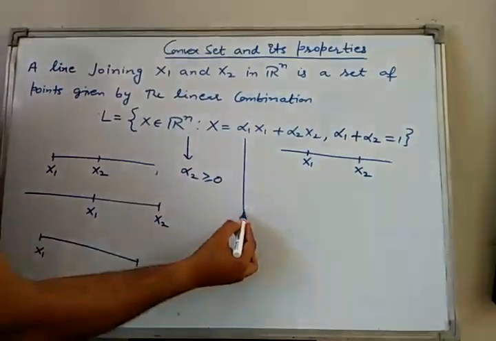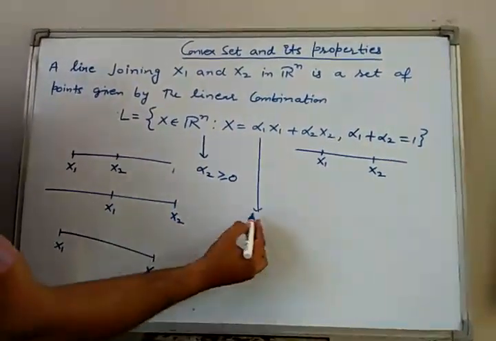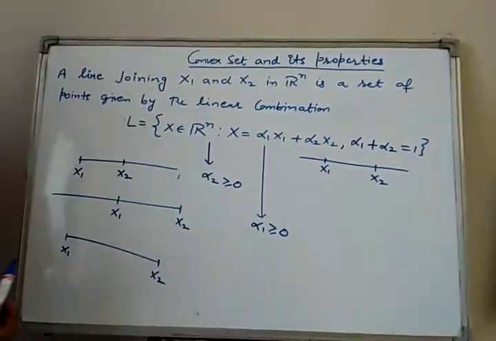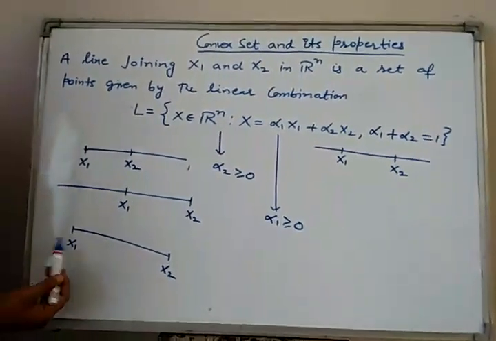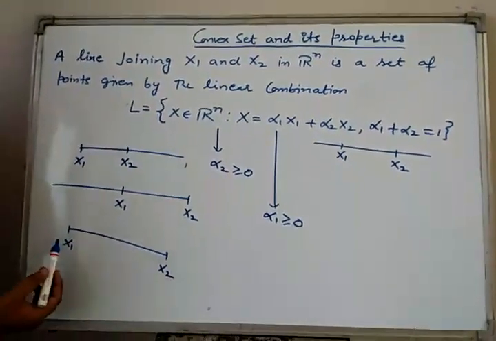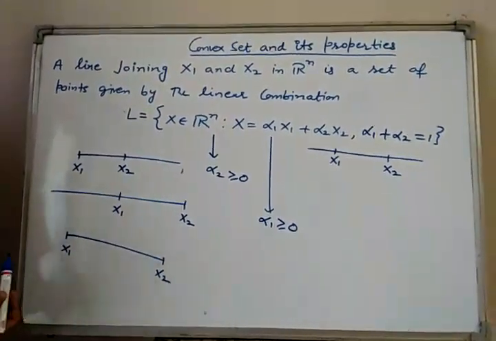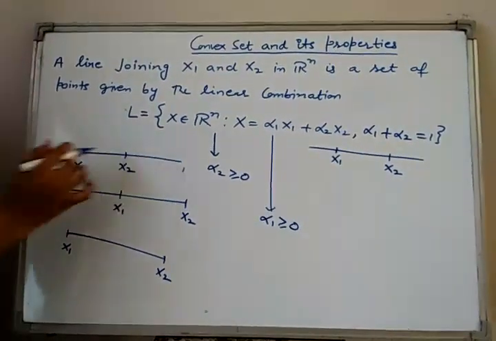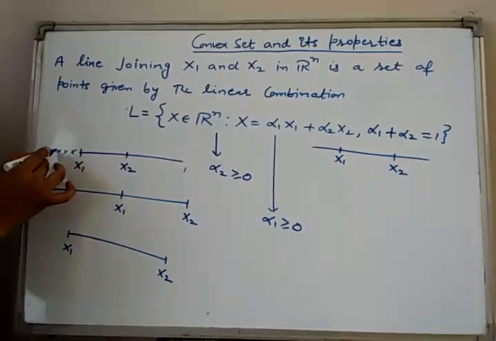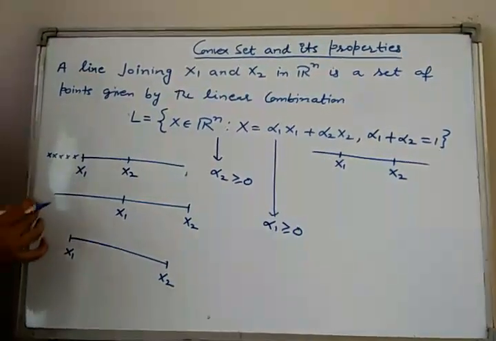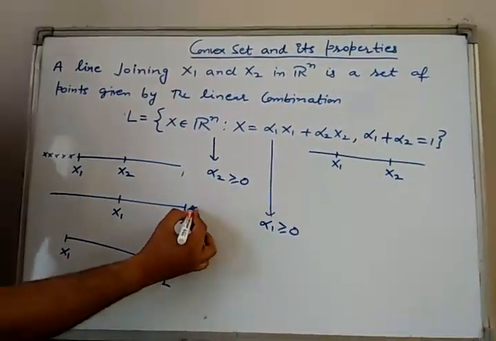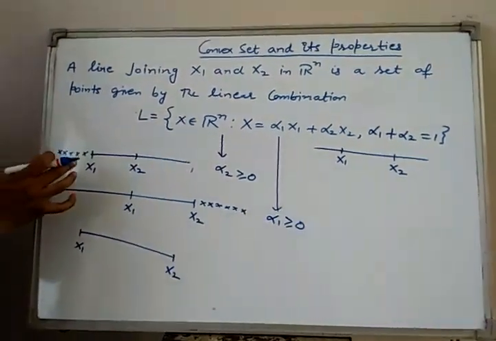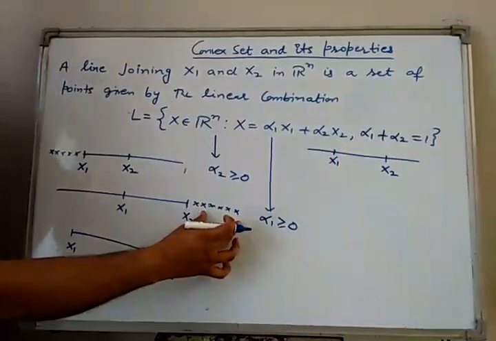We add a new condition, alpha 1 greater than or equal to 0. Now we want to remove this part and this part.